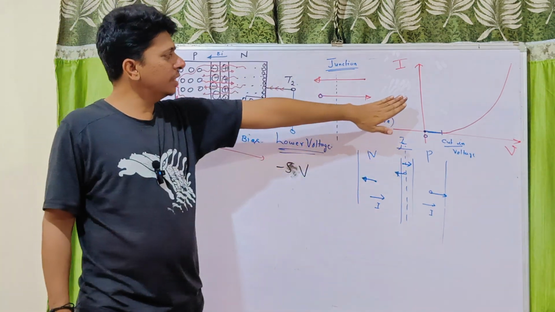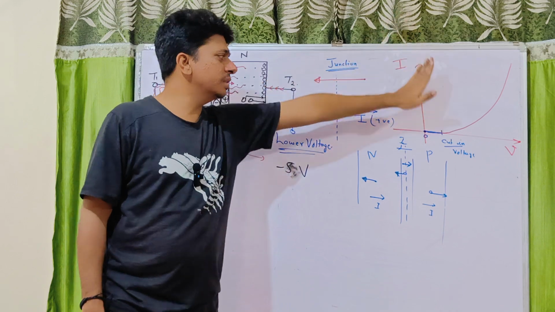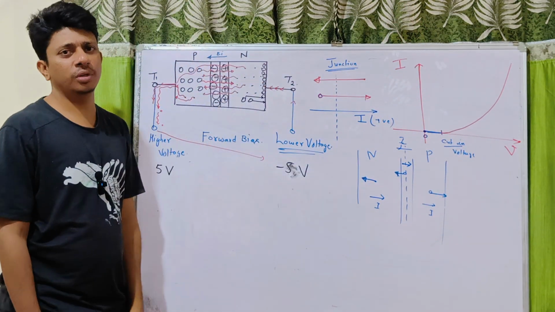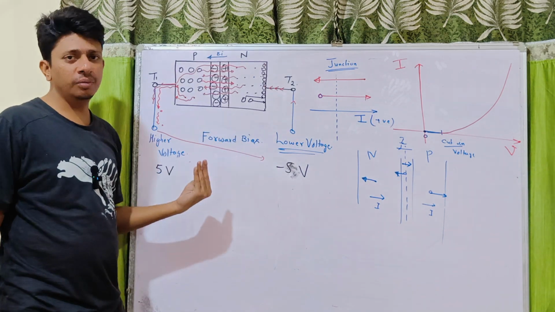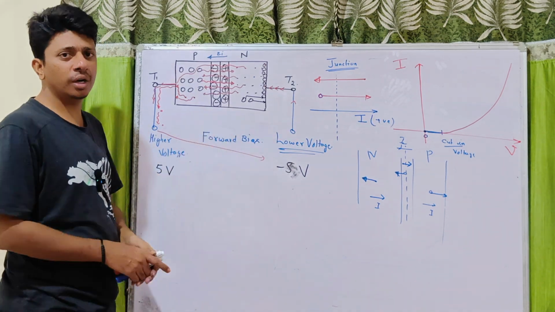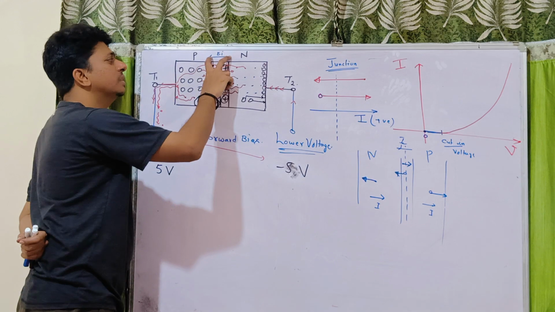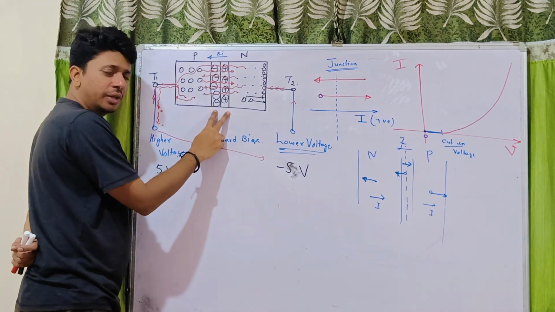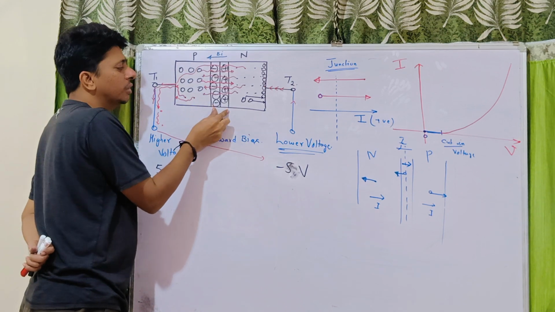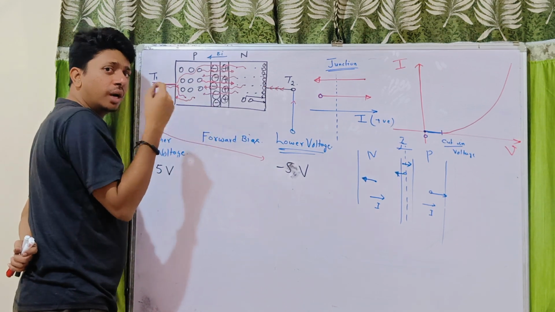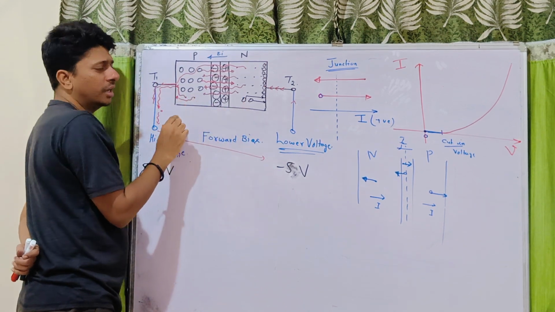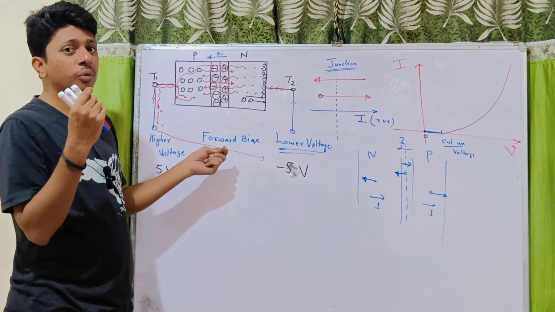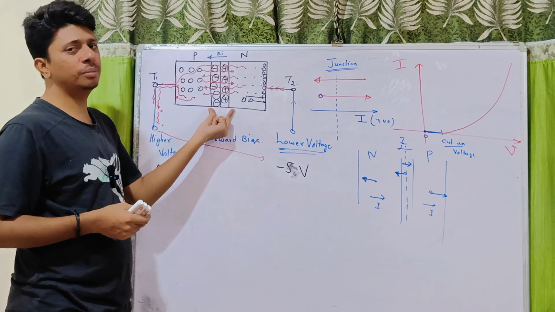In the forward bias IV characteristics, after the cut-in voltage the current will increase exponentially. But below the cut-in voltage no charge carriers cross and there is no current, because of this internal electric field, which develops an internal built-in potential, and this built-in potential has to be overcome. So if you apply forward bias, you have to increase it beyond the built-in potential.